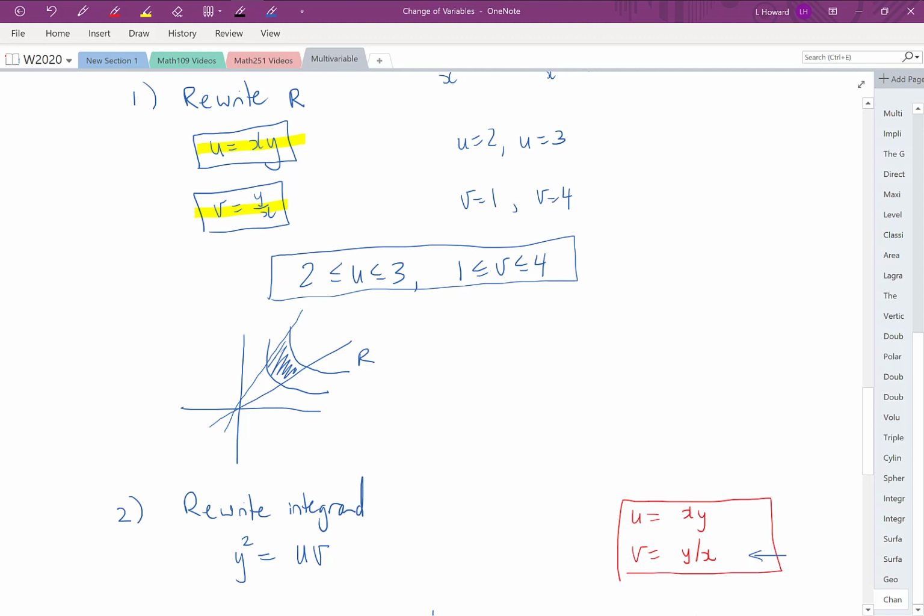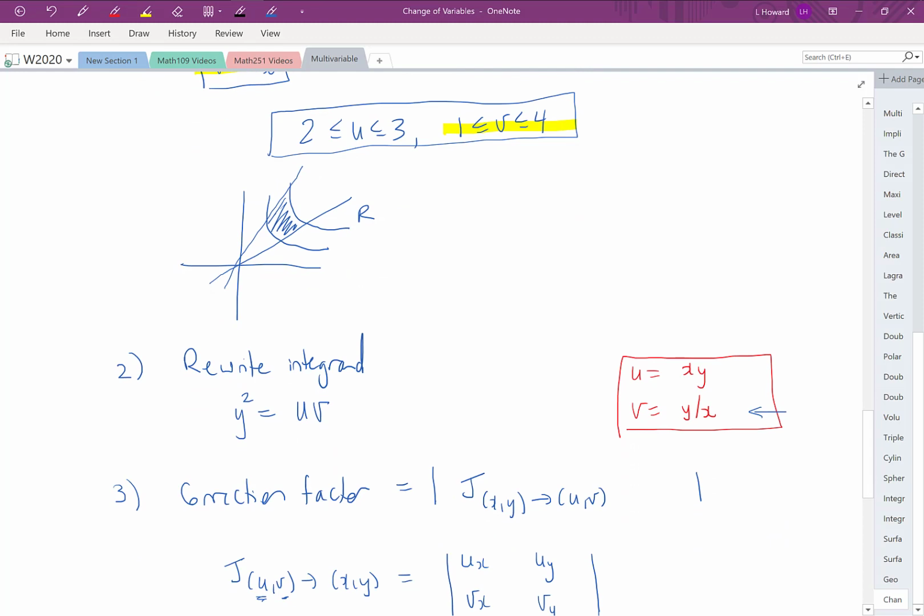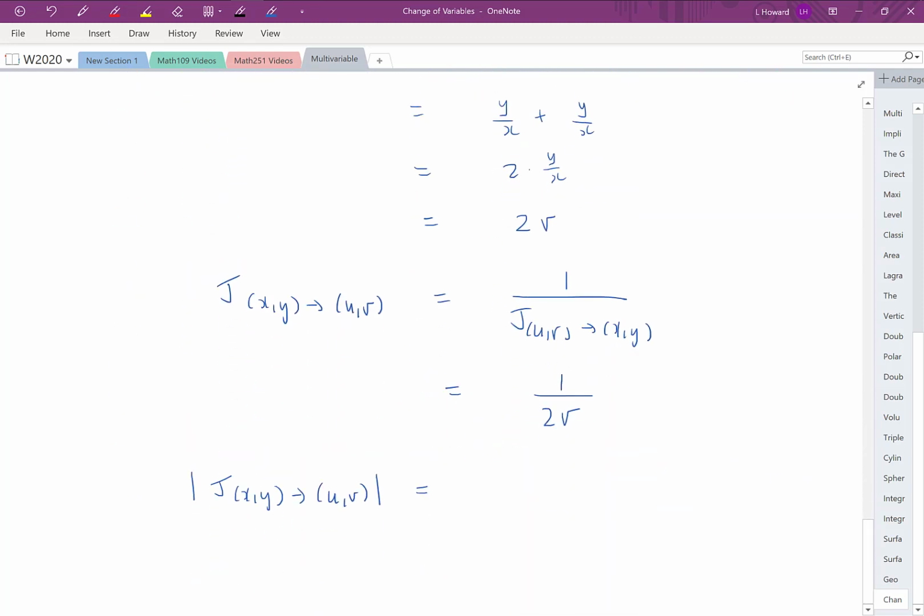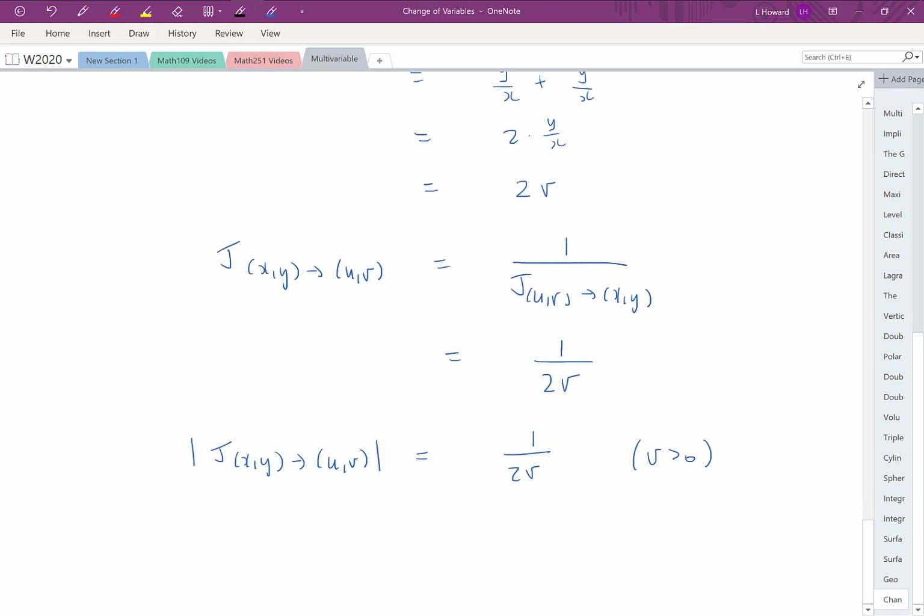We said that v was going to range from 1 to 4. So we know that v is a positive number here. Therefore, we can say that the absolute value of our Jacobian is just 1 over 2v. If v for some reason were a negative number, then you'd use the negative 1 over 2v, but in this case we're good to just use 1 over 2v.